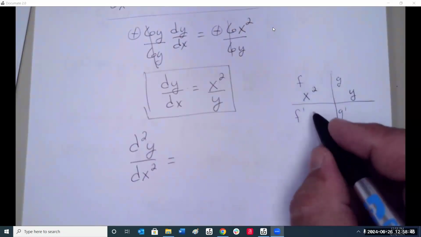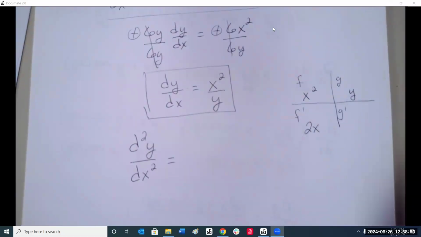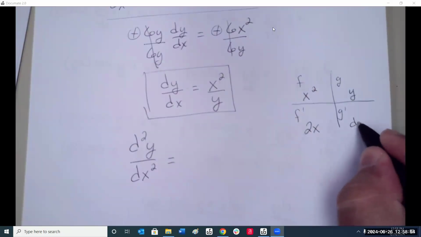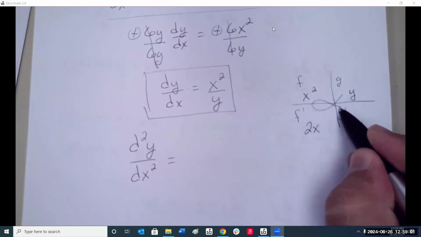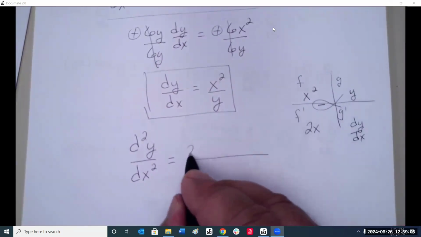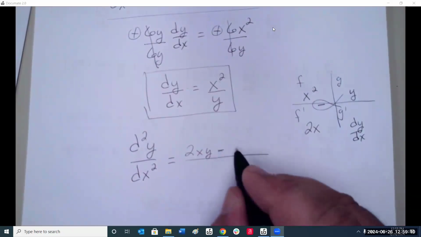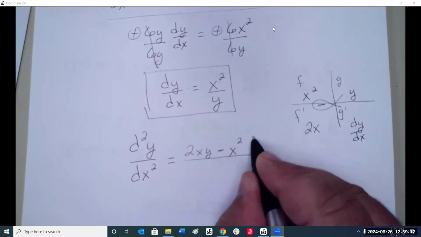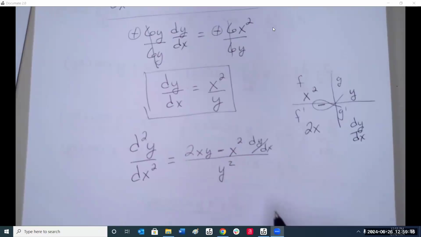The derivative of x squared is 2x, the derivative of y is dy/dx. So it's 2xy minus x squared dy/dx over y squared.